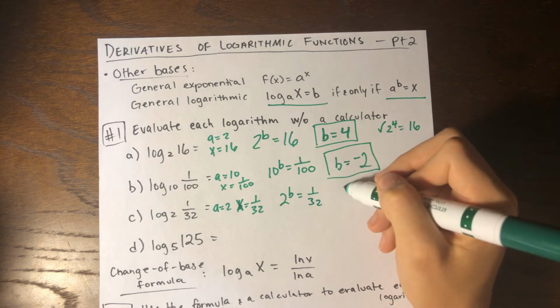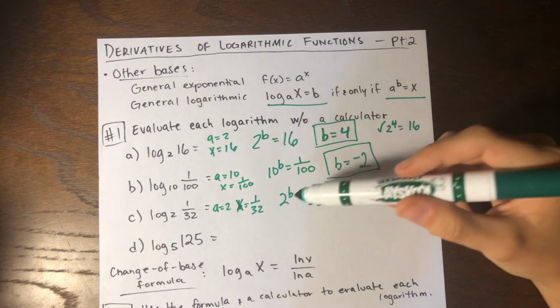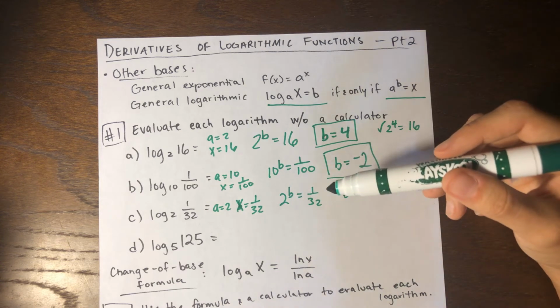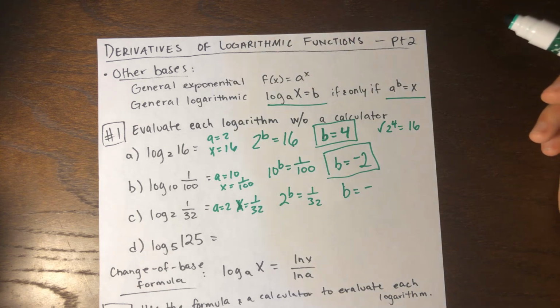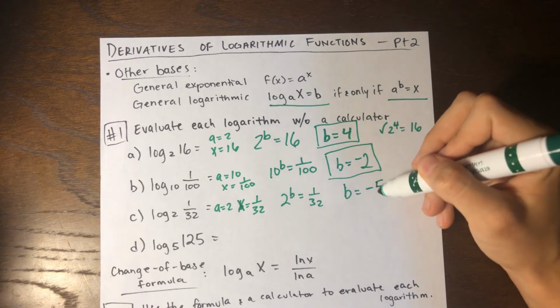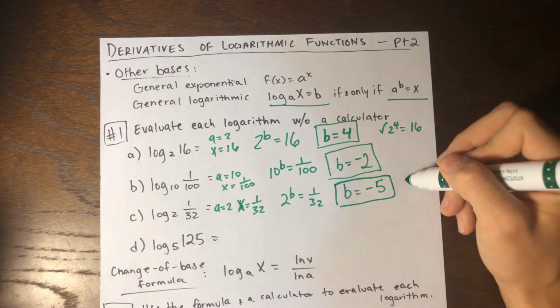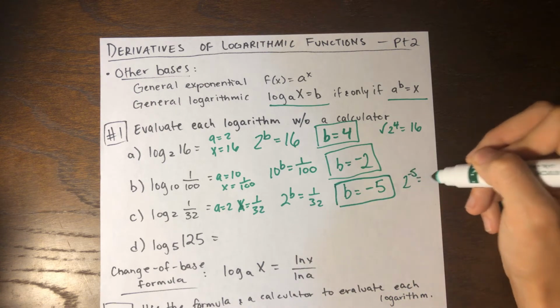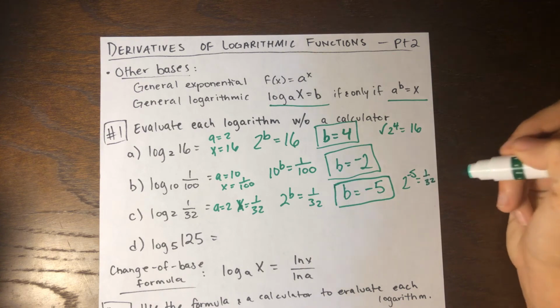We know that b is going to be negative again, and we have to figure out what power of 2 is going to give us 32. If I do 2 to the 5th power, that should give us 32, so b is negative 5. You can double check on the calculator: 2 to the negative 5th should give you 1 over 32.